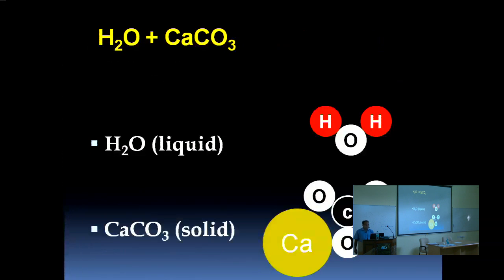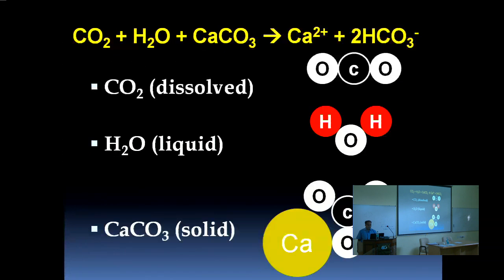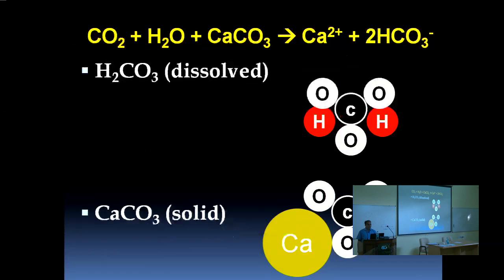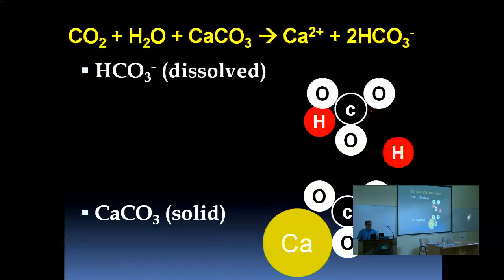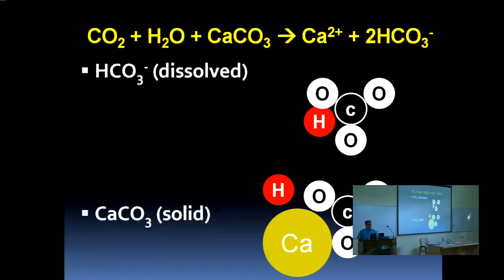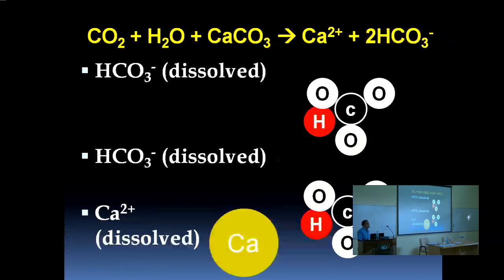Okay, the same reaction is repeated now, just for your understanding. CO2 comes in, it reacts with water to form carbonic acid, a hydrogen ion comes out, and it knocks out calcium.